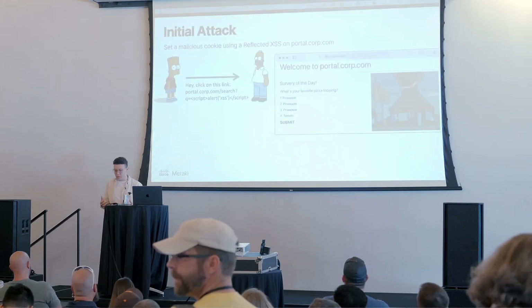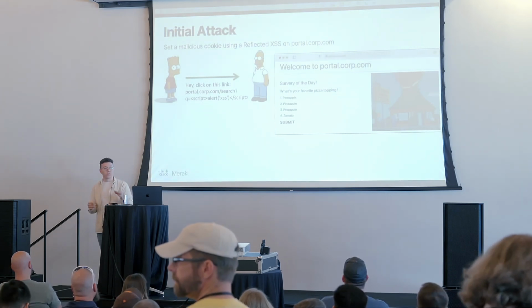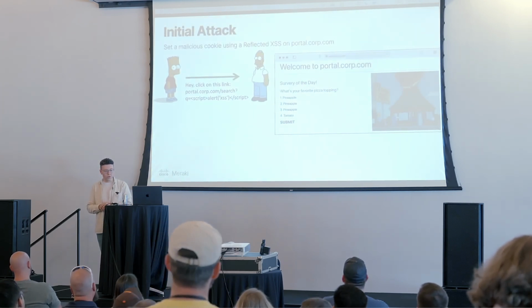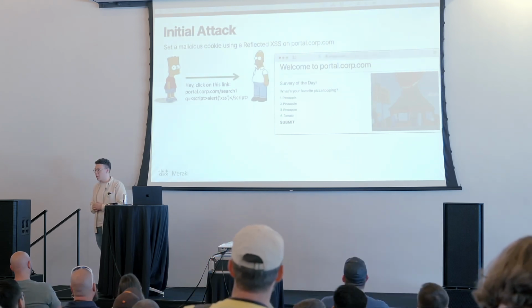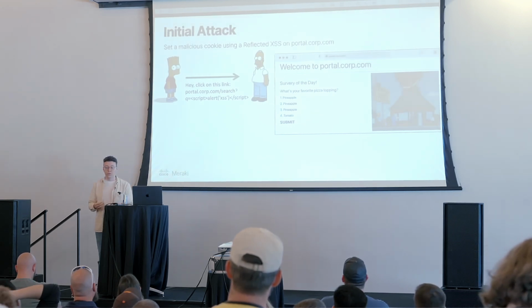So in this presentation, we're going to talk about corp.com. corp.com has two sites, a portal and a shop. What's interesting is we found that corp.com's portal site was vulnerable to a reflected cross-site scripting attack in the q parameter. The q parameter in the search method was injectable.